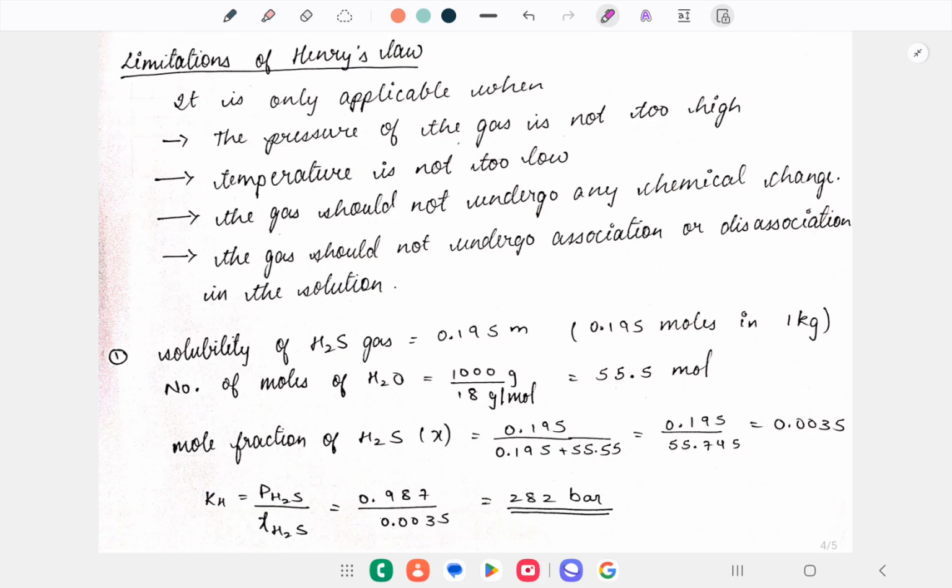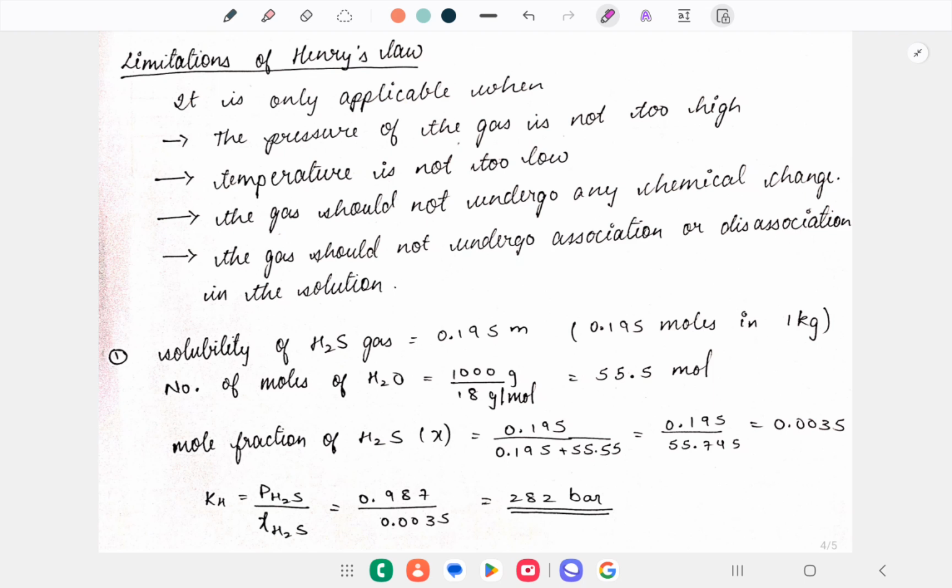So we have to find the Henry's law constant, which is the pressure of H2S by the mole fraction of H2S. So the pressure of H2S is 0.987, that is at standard temperature and pressure, and the mole fraction is 0.0035, which is equal to 282 bars. So we have completed the solubility part.